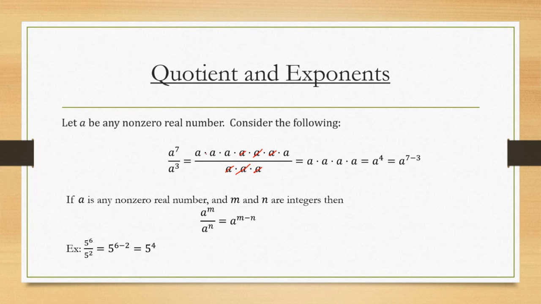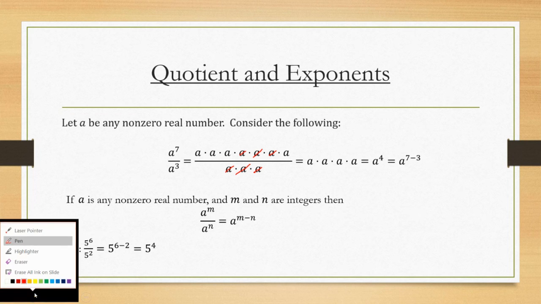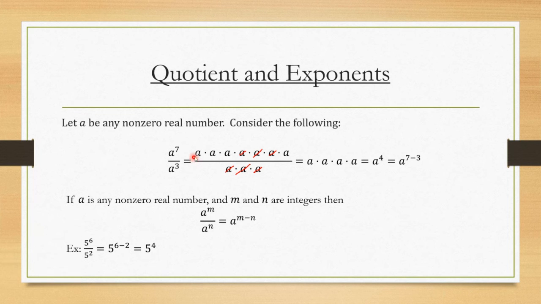We have a times a times a times a. So we have a times itself 4 times, a to the 4th, which is the same thing as a to the 7 minus 3. Okay, well, what am I getting at here? I'm trying to illustrate this property.